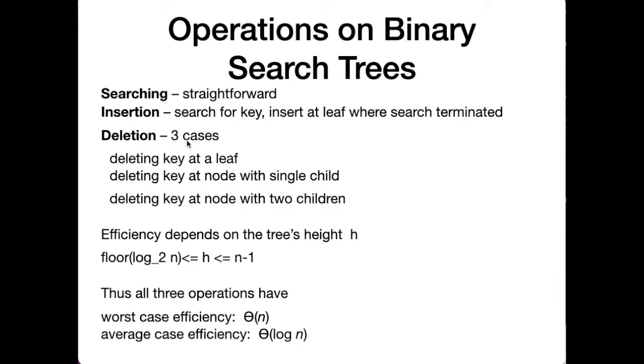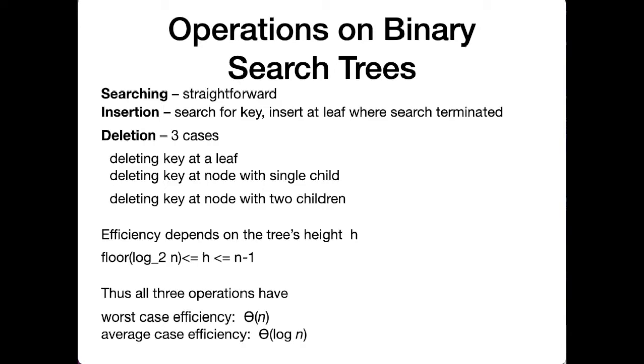So, the 3 operations are largely dependent on search because for deletion, of course, before you delete the node, you also need to search kung nasan siya nakalagay. So, search and then delete. For insertion, search and then insert. So, the efficiency depends actually on the height of the tree.